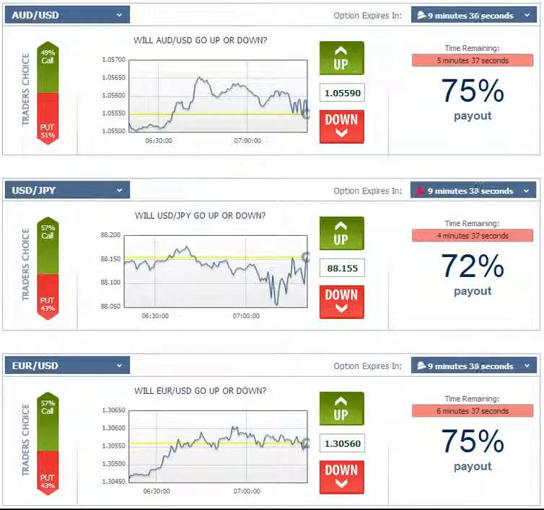And just like that, there's now a new trade. The option is going to expire in about 9 minutes and 30 seconds, and we have about 6 minutes and 30 seconds to go ahead and make our trade.